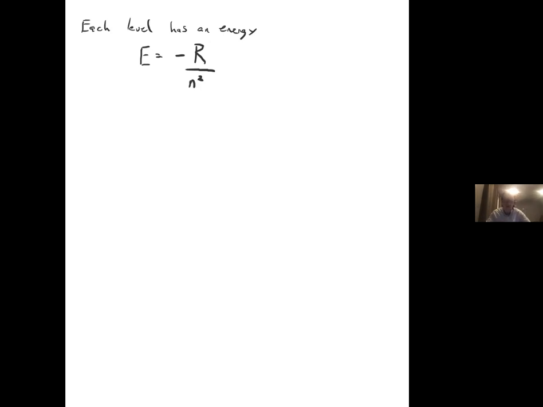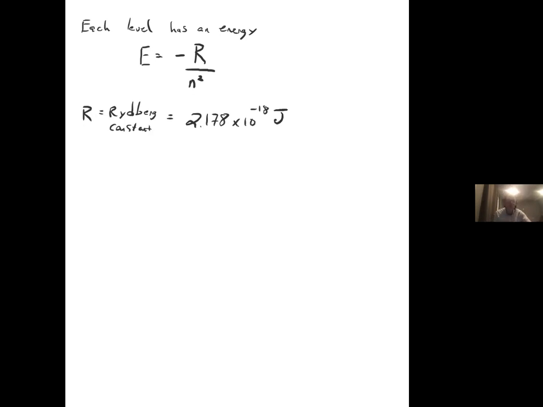So n is that number 1, 2, 3, 4, 5. R is a constant. This is called the Rydberg constant, and it's equal to 2.178 times 10 to the minus 18 joules.